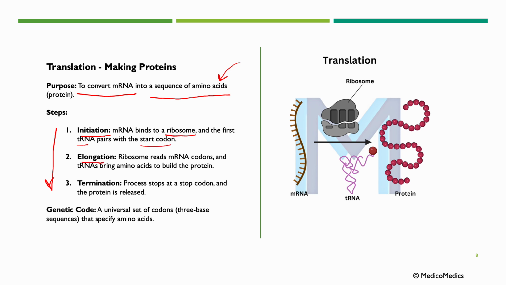Then we have elongation. The ribosome reads the messenger RNA codons and transfer RNA brings amino acids to build the protein. And then finally we have termination. The process now stops at a stop codon and the protein gets released.